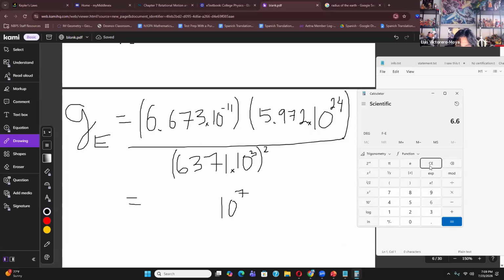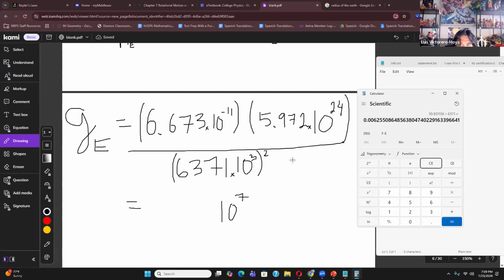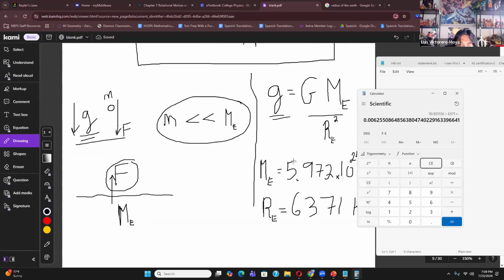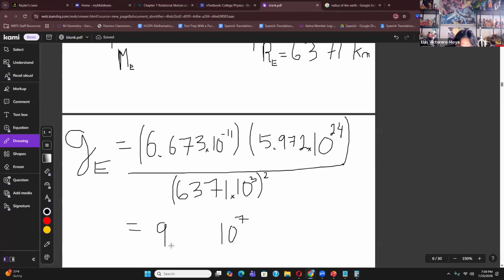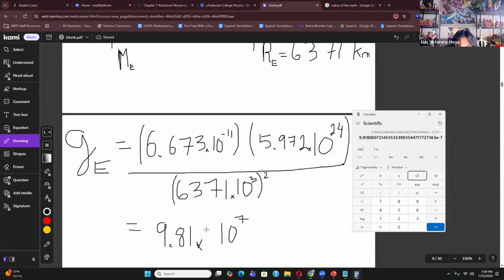So 6.673 times 5.972 divided by 6,371. Oh, I didn't square this. Silly. You have to square this as well. So, okay, divide by 6,371 again. All right, so I get 9.81 times 10 to the negative 7.